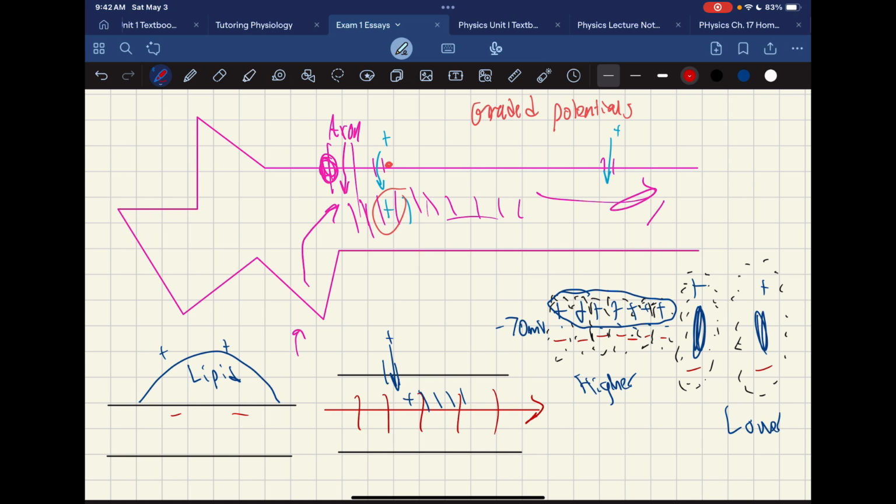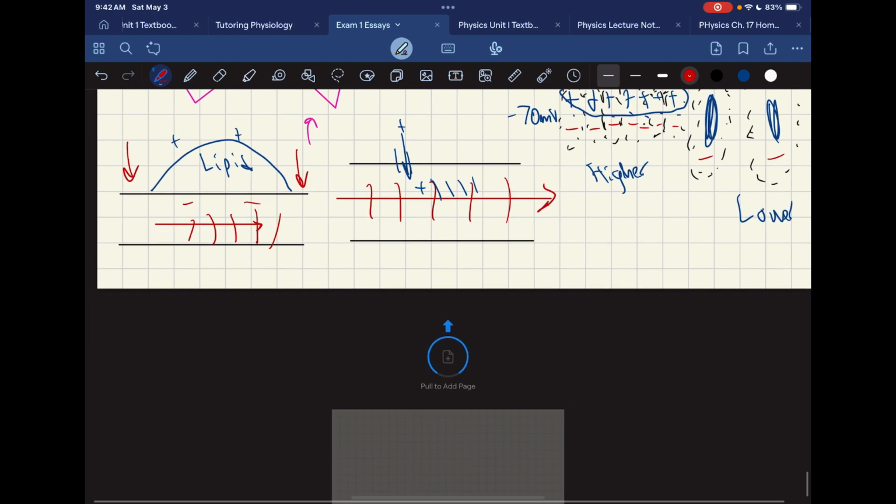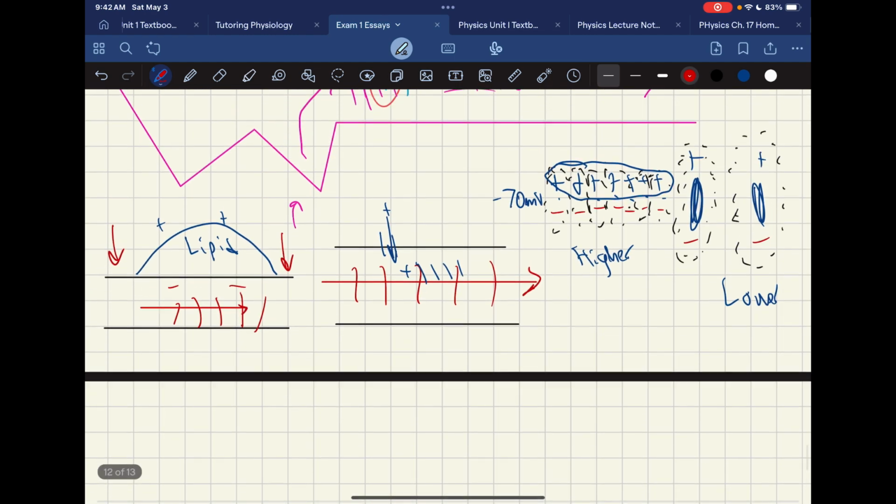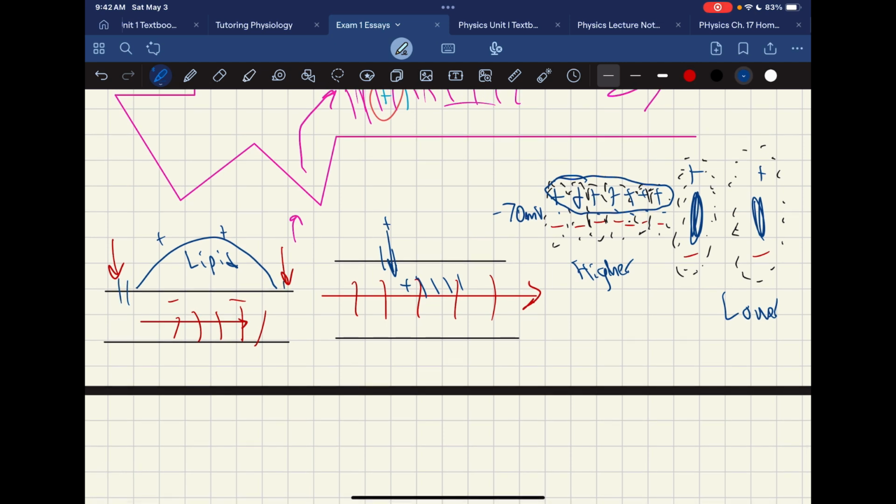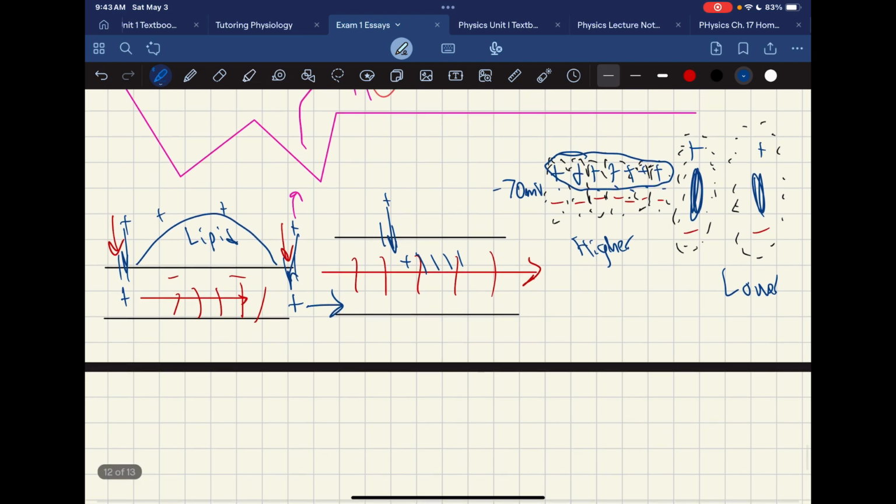So it can really increase the signal moving down the cell. And in between each myelin segment, we have these nodes that give more ways for these positive signals to come in and send more down the axon.